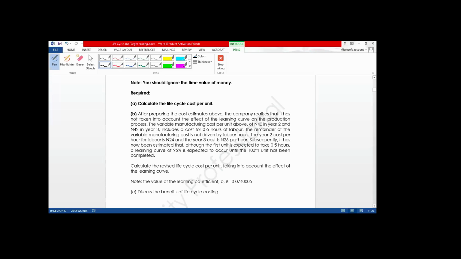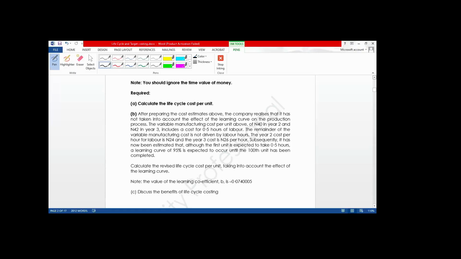That 40 naira in year 2 and 42 naira in year 3, we need to split it into 2. We need to determine the labor-related variable cost and non-labor-related variable manufacturing cost. Why are we separating this? Because learning curve will affect labor.